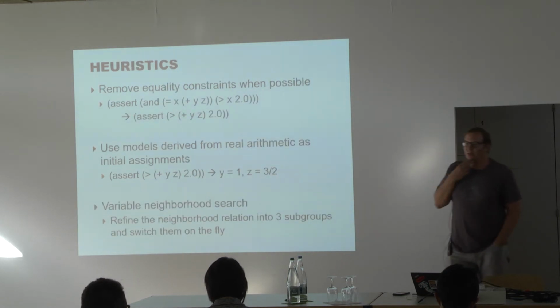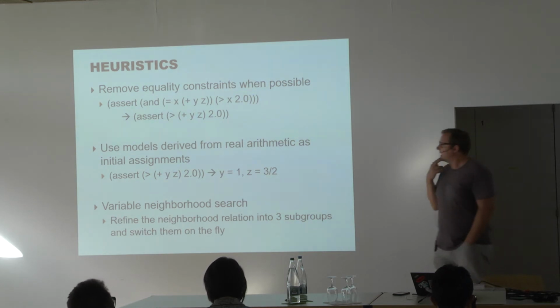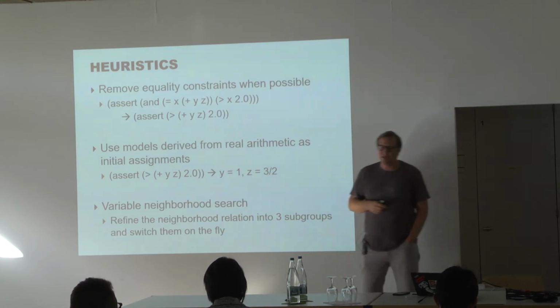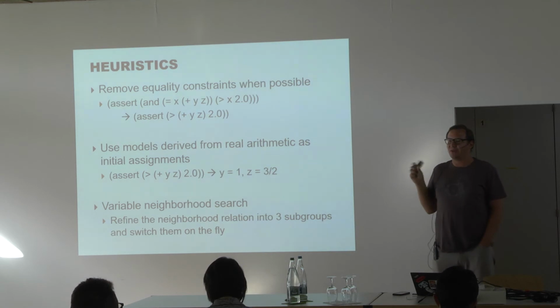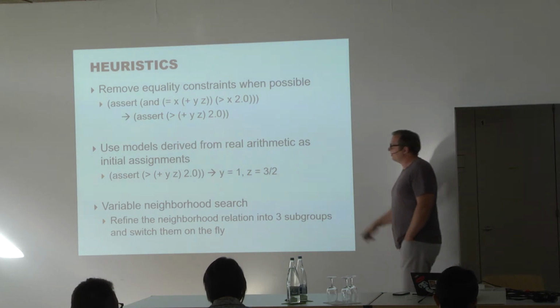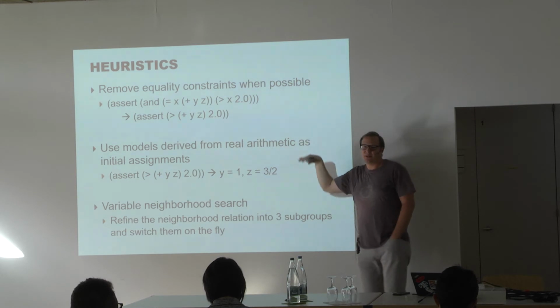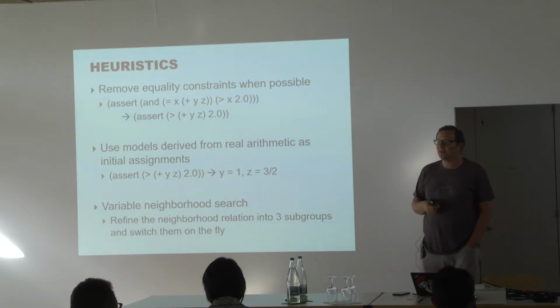And then we added a couple of heuristics that we find work really well. The first one is that we try to remove equality constraints whenever possible. As you can imagine, when you're doing search, equality constraints are hard to satisfy. Inequalities are easier. Also, we bootstrap our search by using a model that we obtained by solving the formula using the theory of reals.